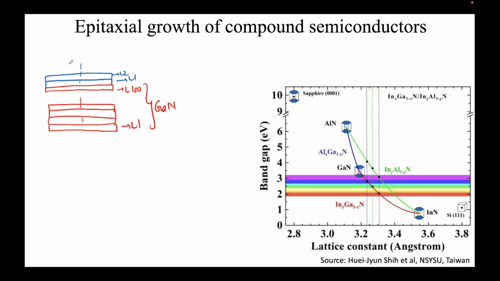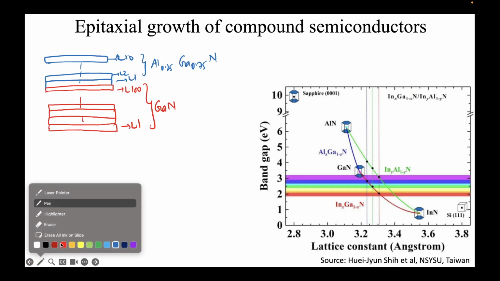That depends on the application that we have. For the sake of discussion, let's say that each layer is 1 nanometer thick. So this is your AlGaN, and let's say 25% only.